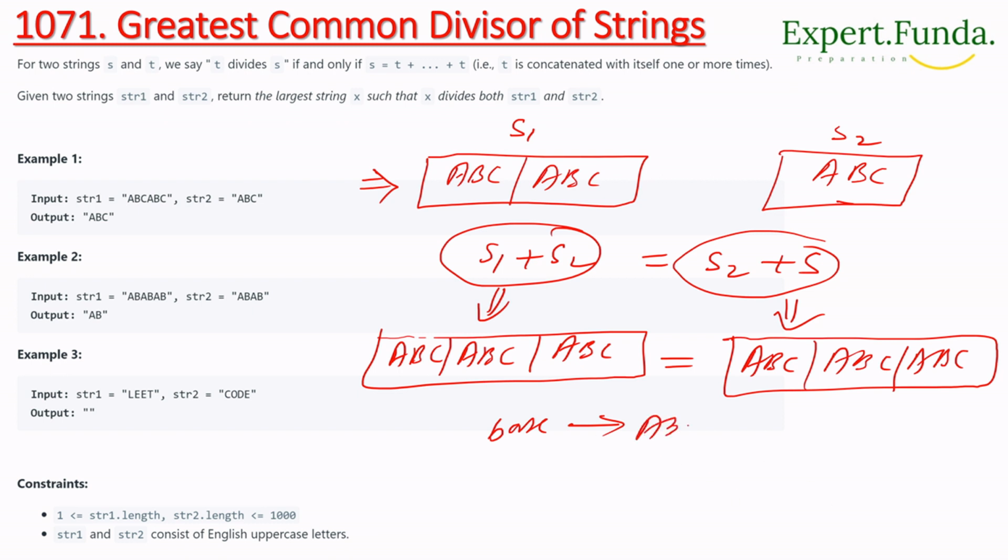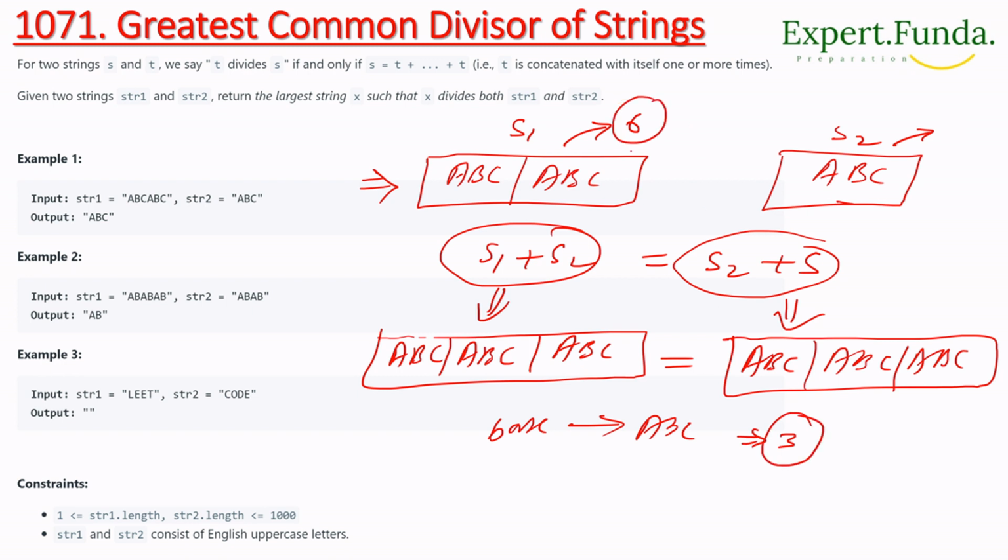And what is the base we have? That is abc. If I count the length of this abc, its length is 3. If I check the length of this one, we have 3 and 3, which is 6. Can I divide 6 by this 3?